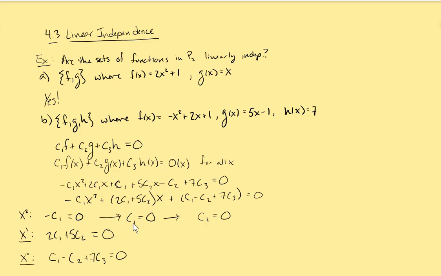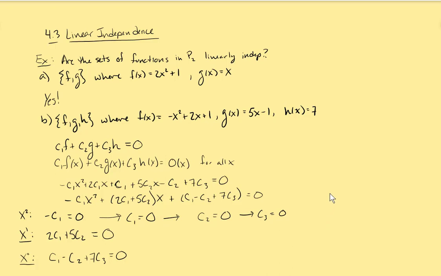Well, if both C1 is 0 and C2 is 0, plugging in here tells us C3 is 0 as well. Let's write that down. So what we have found is that the only solution to this equation up here, this linear combination of f, g, and h to equal 0, requires that all three of those scalars is 0. Each of them must be a 0.